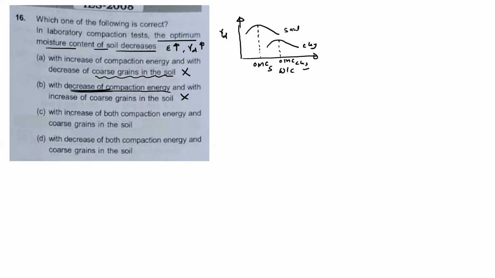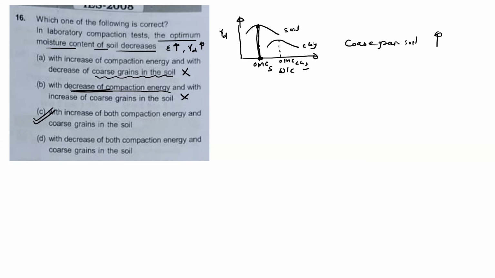Now C, with increase in both compaction energy and coarse grain soil. Yes, with increase in both. If the coarse grain soil increases, then OMC will decrease. In this case, OMC will decrease.